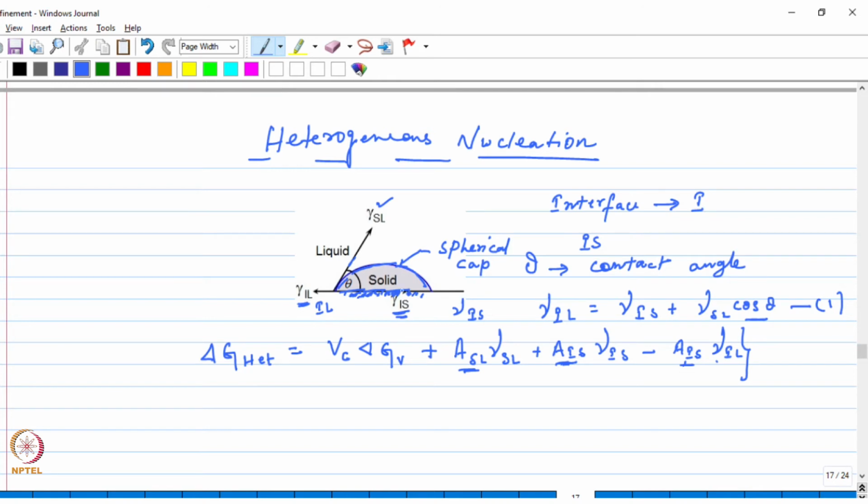Okay, so this essentially means that the interface formed between the nucleating surface and the nucleus replaces an equivalent area of liquid and the surface interface.